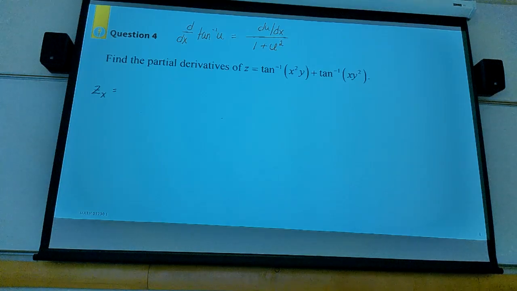And just 2xy. Then over the 1 plus u squared. x squared y squared is what? There's your first term.